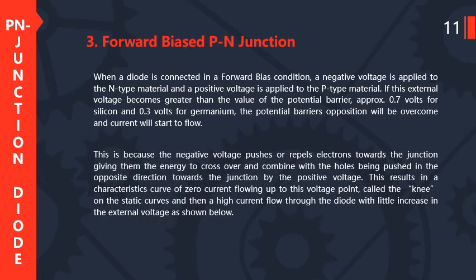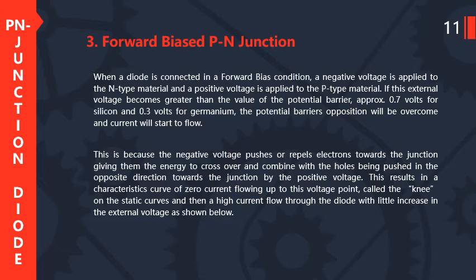This is because the negative voltage pushes or repels electrons towards the junction, giving them the energy to cross over and combine with the holes being pushed in the opposite direction toward the junction by the positive voltage.